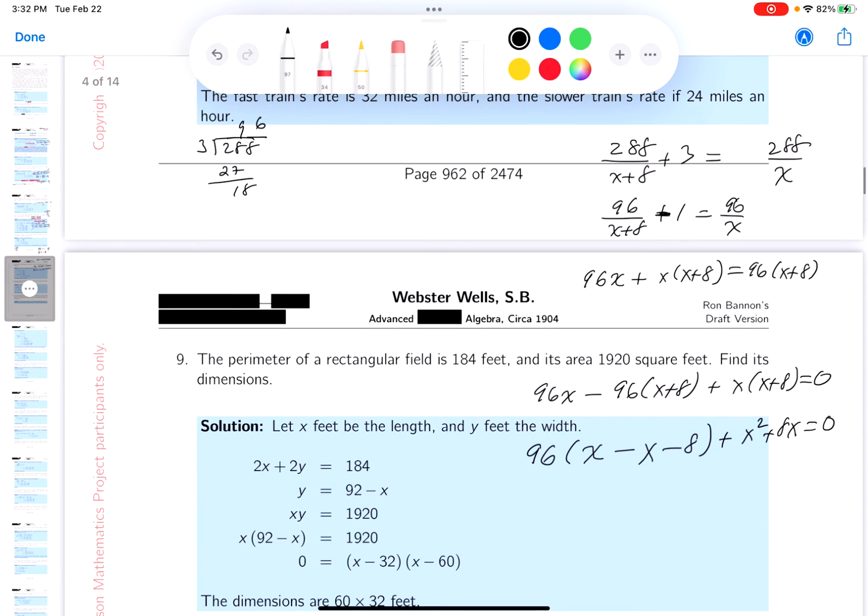I got to keep doing this. What do I get? x squared plus 8x minus 8 times 96 equals 0. All right, the x's disappeared in the first term, and I get 96 times minus 8. Now I have to factor.